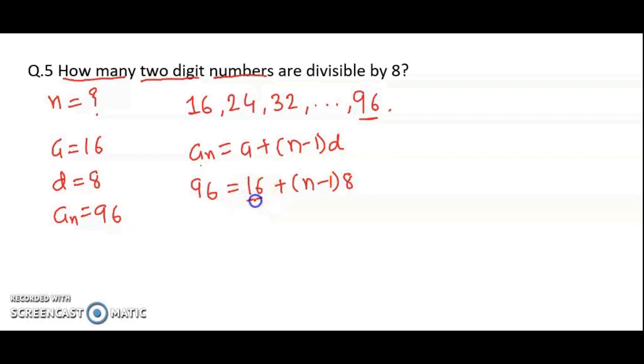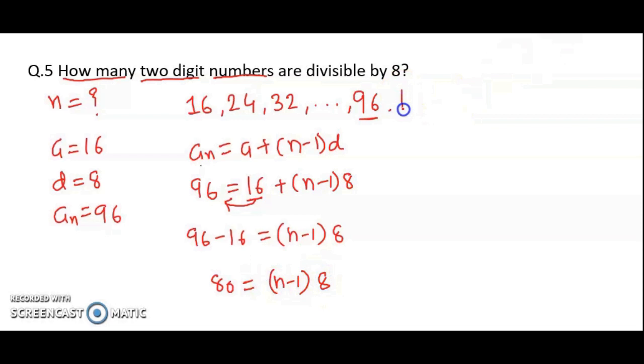So if you take this 16 to the left hand side, then it becomes 96 minus 16 is equal to (n minus 1) multiplied by 8. So that will be 80 is equal to (n minus 1) multiplied by 8.